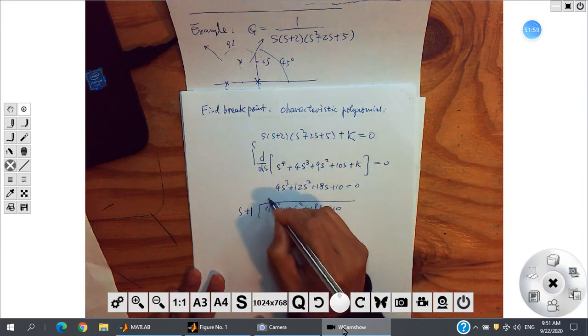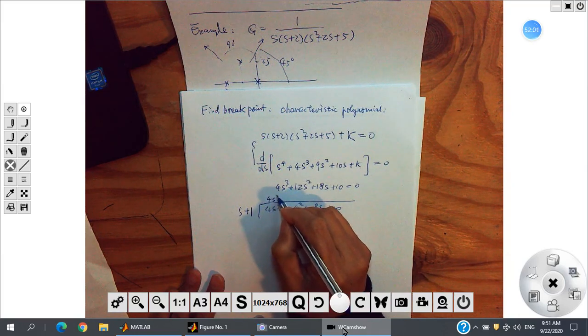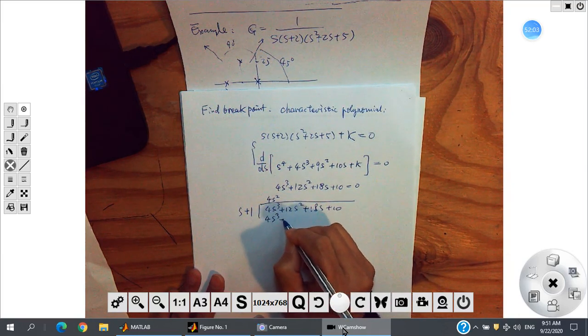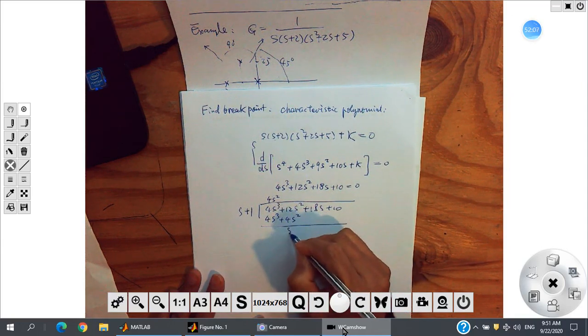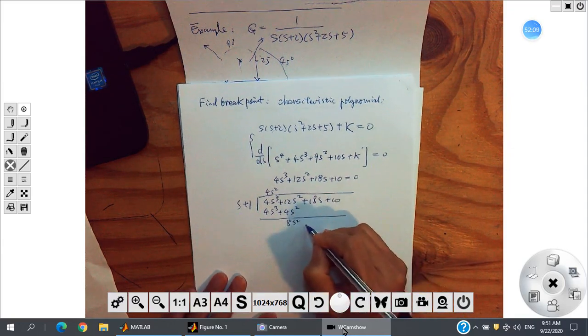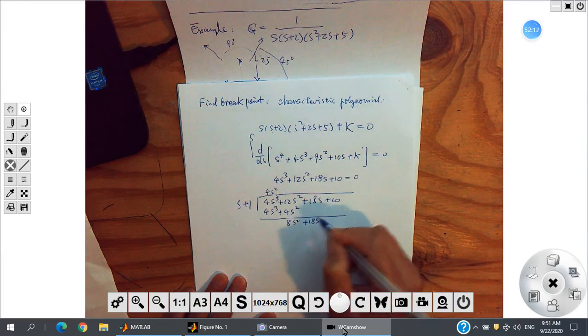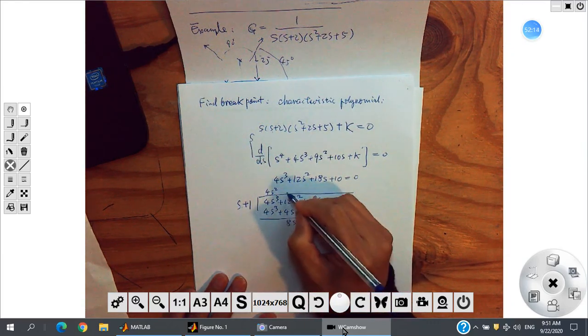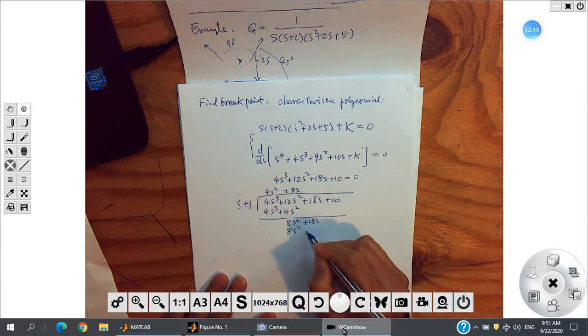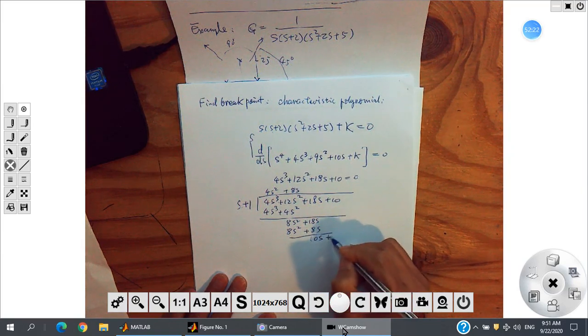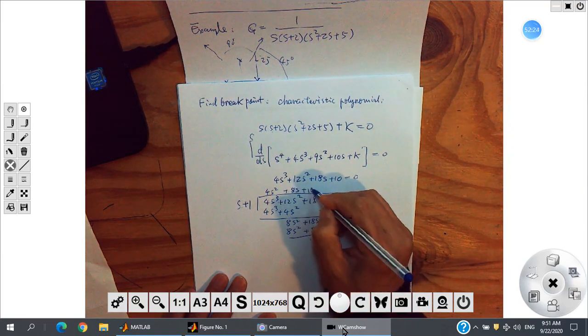You can see the result: 4s cubed plus 4s squared, then 8s squared plus 8s, then 10s plus 10.